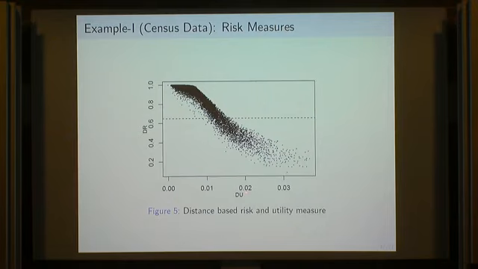So here, in terms of loss, this is not huge, but the risk is not huge too. But it's really very hard to decide exactly how much utility loss I will consider, and how much disclosure risk I will accept.